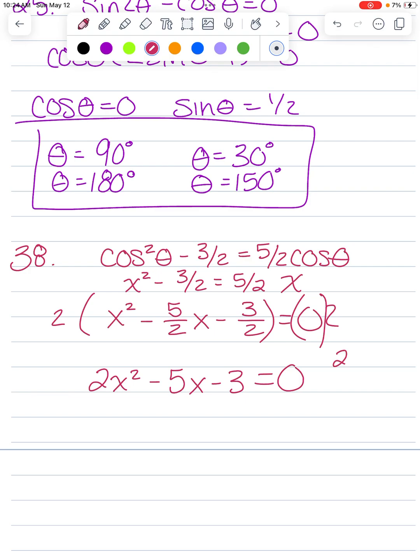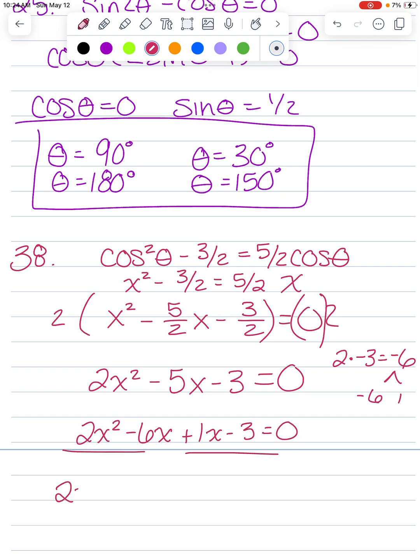Doing some AC method. 2 times negative 3 is negative 6. Two things that multiply to negative 6 but add to a negative 5 are negative 6 and positive 1. Be careful of that. It is not negative 2 and negative 3. Those would multiply to a positive 6, which is not what I want. I have to do the rewrite, so 2x squared minus 6x plus 1x minus 3 equals 0.